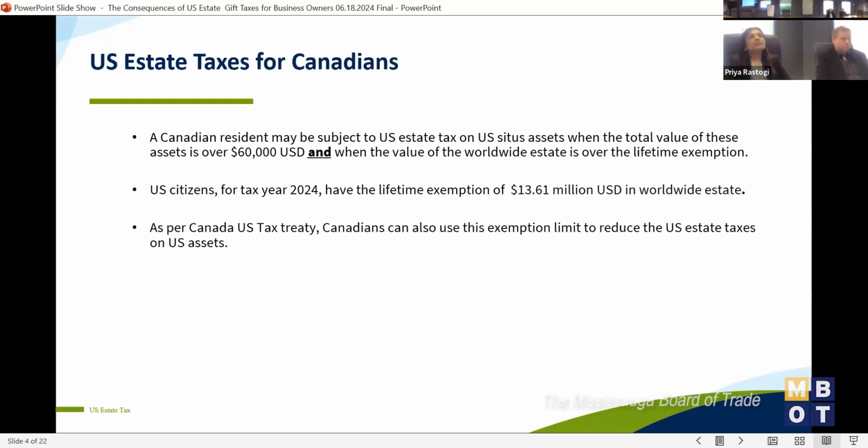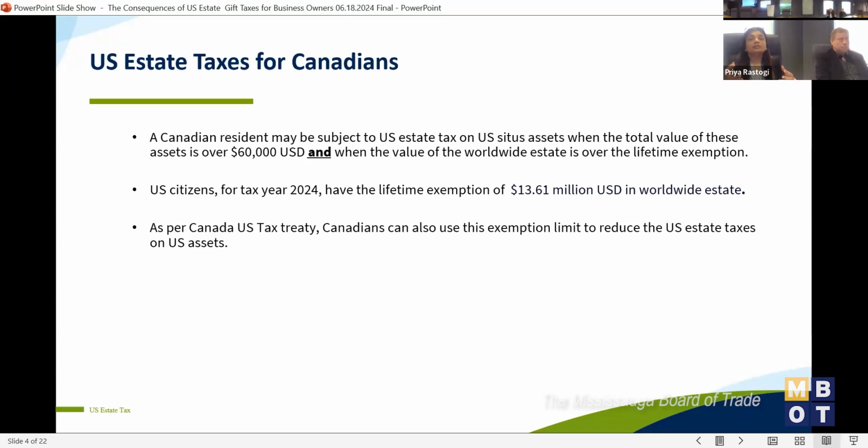So how does US estate tax impact Canadians? As a Canadian resident, you may be subject to US tax when your US situs assets, which is basically your US assets, which I'll define in the next slides, are more than $60,000, and when the value of your worldwide estate is above the lifetime exemption, which we are talking about as $13.61 million.